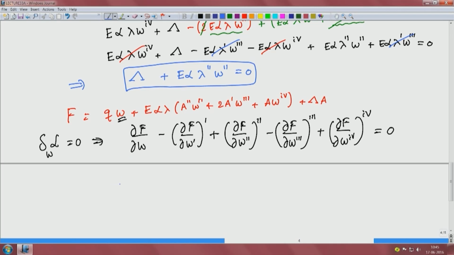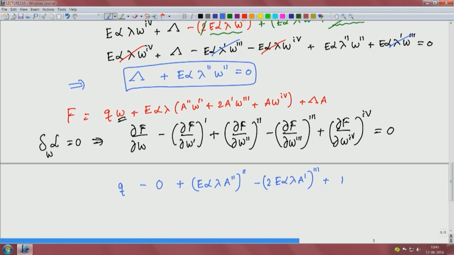Dou f by dou w will give us q here, minus w prime term is not there, that is 0, plus w double prime is there, that is going to give us E alpha lambda into A double prime, and then double prime minus triple prime, we have E alpha lambda with a 2 into A prime, and then that goes as triple prime, and then we have E alpha lambda into A, and that goes to 4th derivative, that is equal to 0.